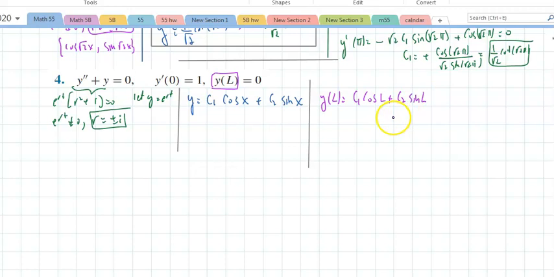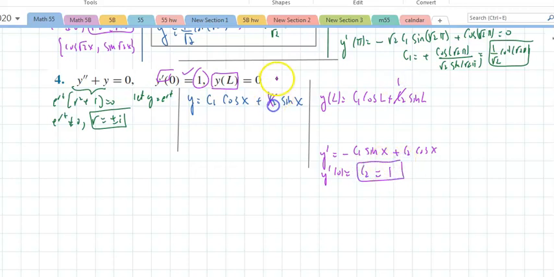And y prime is going to be negative c sub 1 the sine of x. I should have started backwards, right? You start with this first, but plus c sub 2 the cosine of x, and y prime of 0 is really c sub 2, and that equals a 1. Very good. So here, this is a 1.